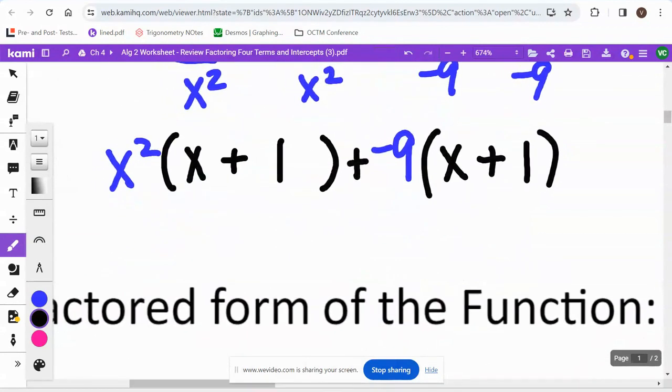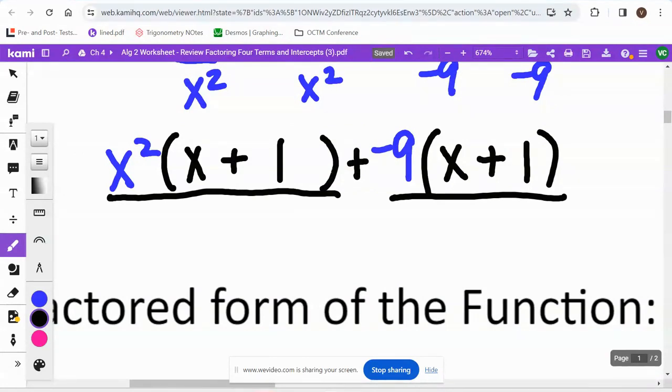I am not done. From here, the next step is to look at these 2 parentheses. And if we don't have exactly the exact same thing in both, then you cannot move on. It has to say x plus 1 in both of those parentheses.